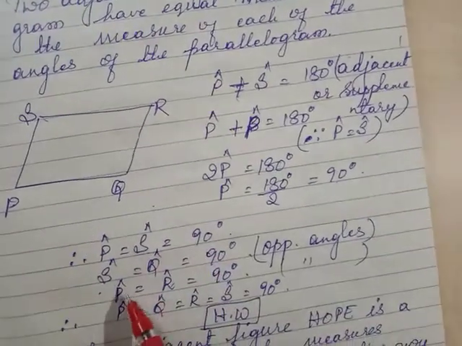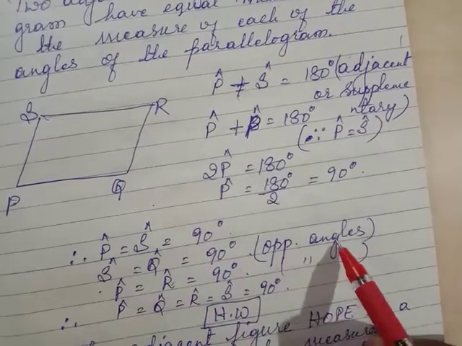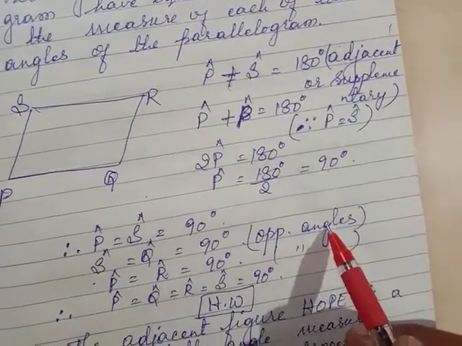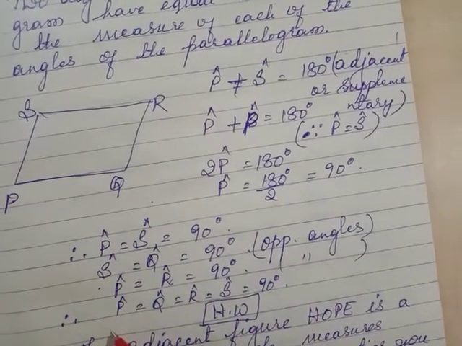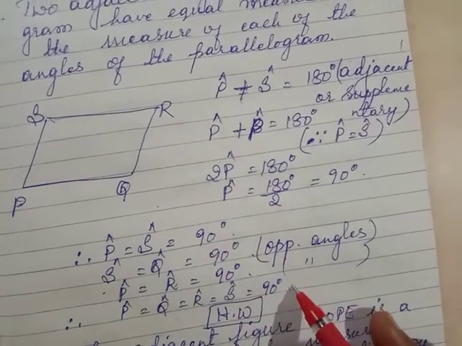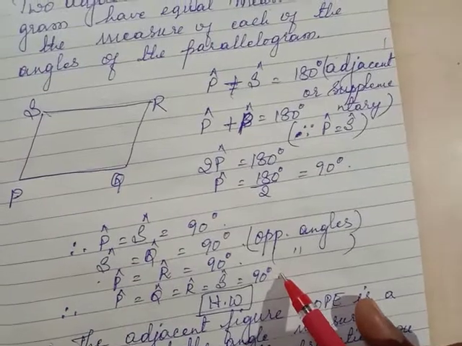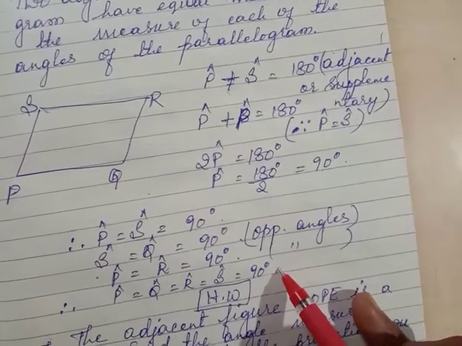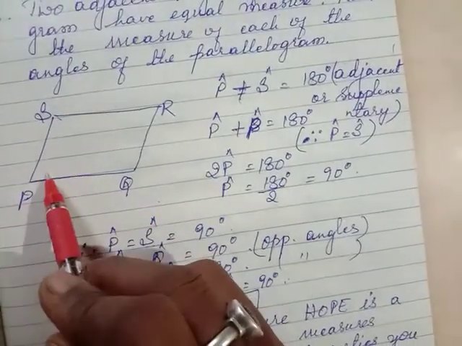Angle P is equal to angle S is equal to how much? 90 degrees. Okay. Angle S is equal to angle Q is equal to 90, opposite angles. Now P is equal to R is equal to 90. Angle P is equal to angle Q is equal to angle R is equal to angle S is equal to 90 degrees. Okay, children, just listen, all of you. In this, they have given us two adjacent angles that are equal.